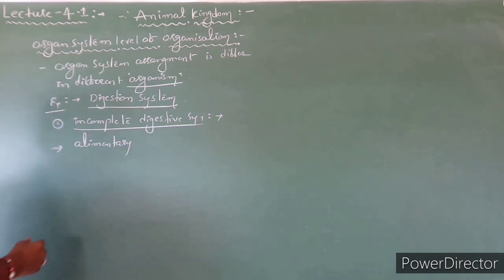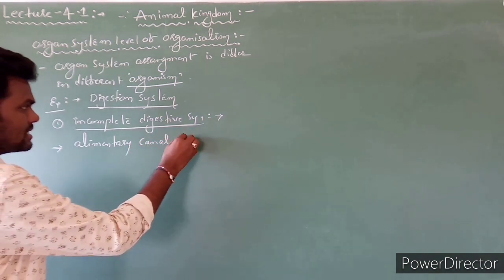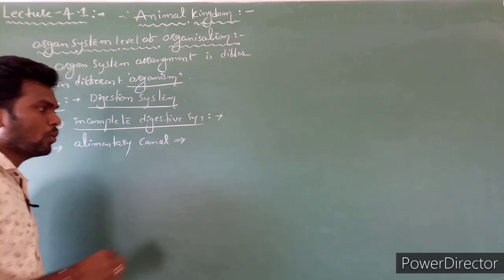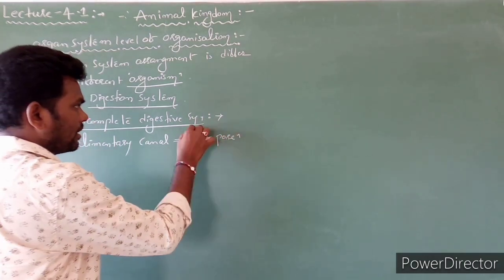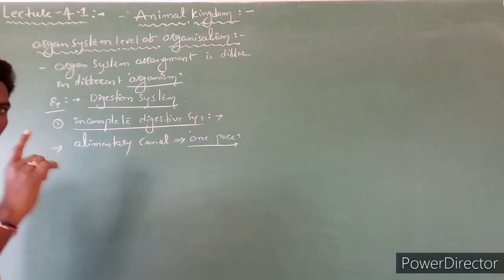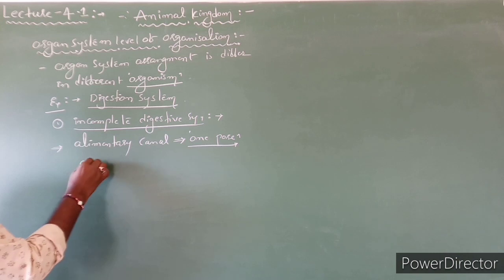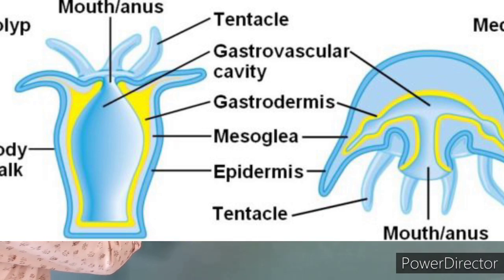Incomplete means here the alimentary canal or the digestive system tract, nothing but alimentary canal, consists of only one pore. Only one opening is there. So this opening can act as mouth as well as anus.